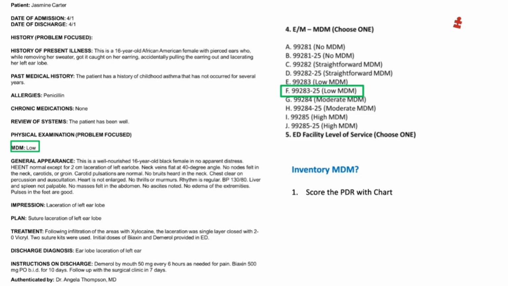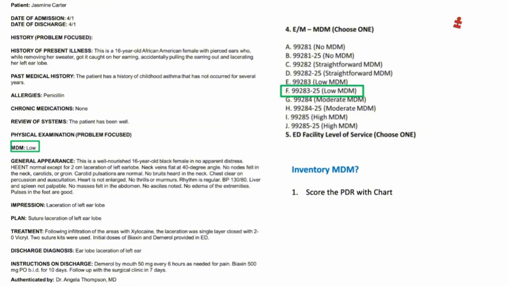But coders, I would not be teaching if I didn't go ahead and demonstrate using the PDR chart. But before I do that, I want to prove that this is low MDM, right? This is our opportunity to do it. Before I do that, does anybody have any question or doubt that that 25 modifier should be on that E&M code?